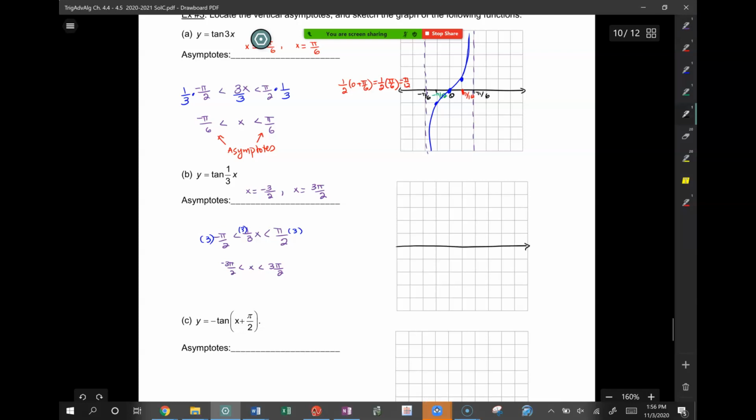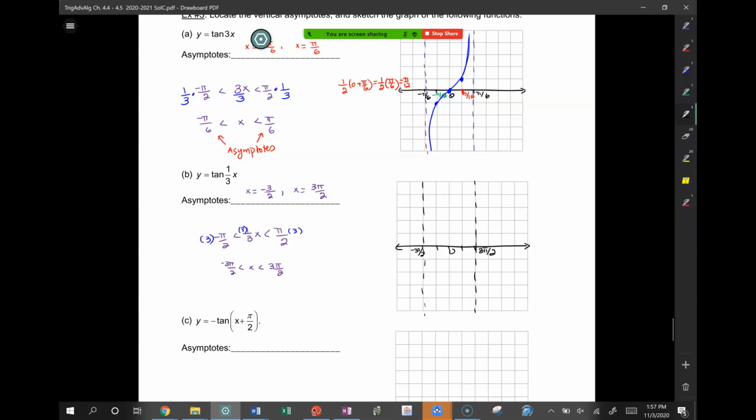Okay. I'm going to go here from negative 3 pi over 2, 1, 2, 3, 4 to 3 pi over 2. Asymptote, asymptote. Center point is 0, right? When it's symmetric, the center point is always 0.